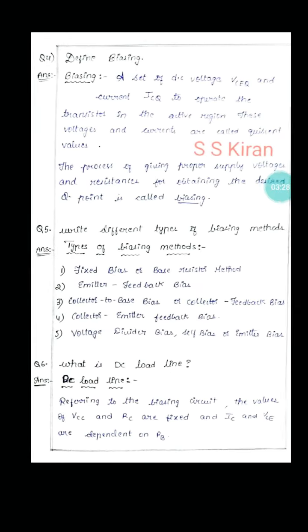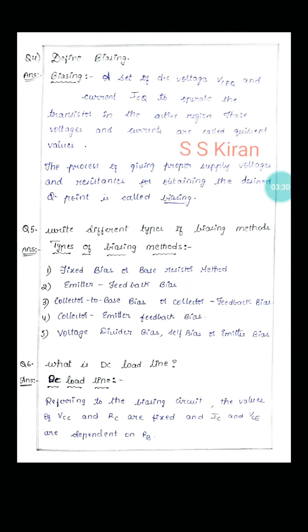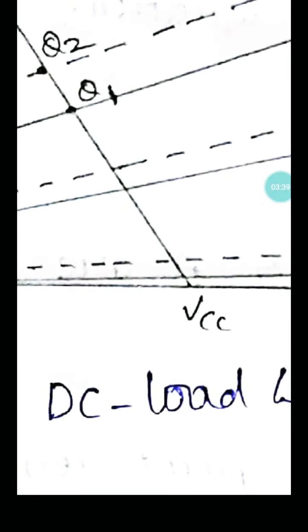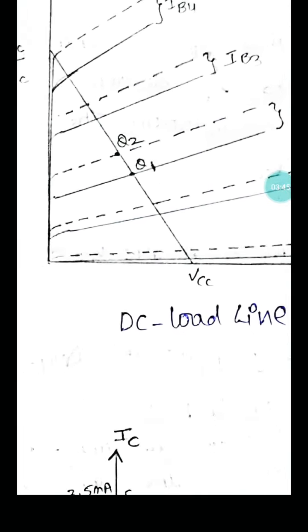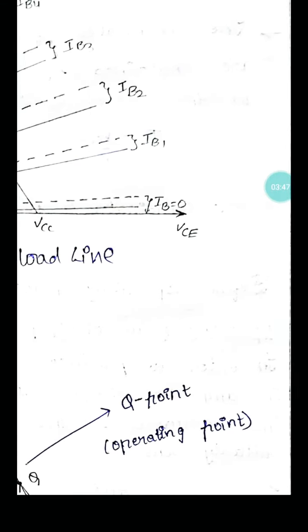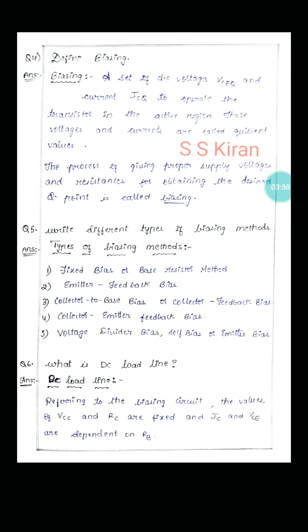Here a set of DC voltages, that is called VCEQ, and current ICEQ to operate the transistor in the active region. So this is the active region. In this active region we can identify the Q1 point. Q1 point means quiescent point or operating point or Q point. Voltages and currents are called quiescent values.